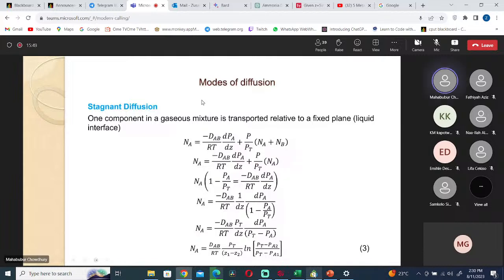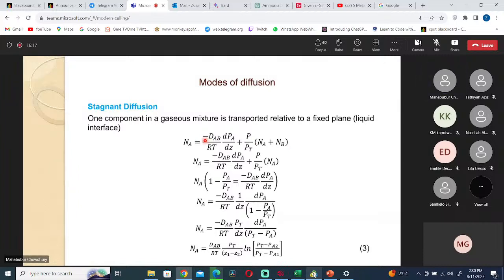Now let us look at an example. What do we have here? We have ammonia gas diffusing at a constant rate through a layer of stagnant air, which is 1 millimeter thick. That means your air is stagnant and the thickness is 1 millimeter.